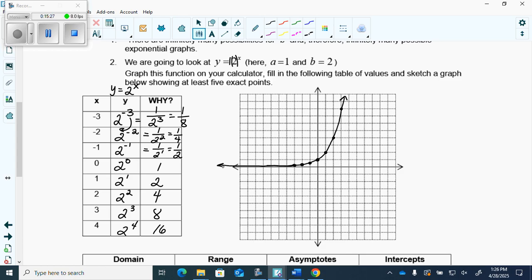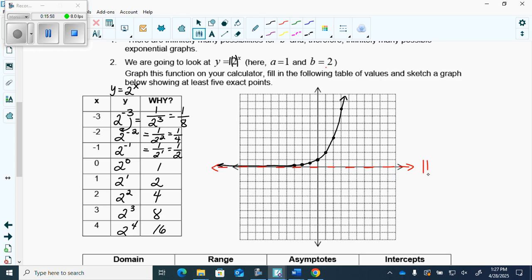So what actually happens is on the x-axis, if I'm not vertically translated at all, because the only thing that will make this graph move down or up is a vertical translation. And then I have x-intercepts. This one doesn't have any. So I'm going to put a dashed line on the x-axis. A dashed line means the graph gets closer and closer to it, but it doesn't touch it. It's called an asymptote. We talked about them last year in reciprocal graphs.